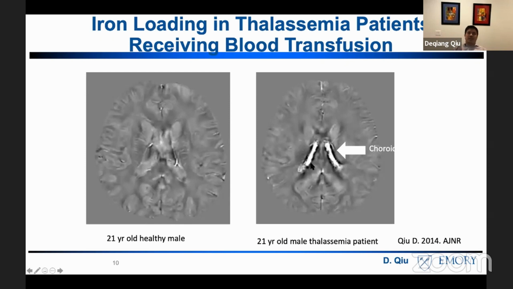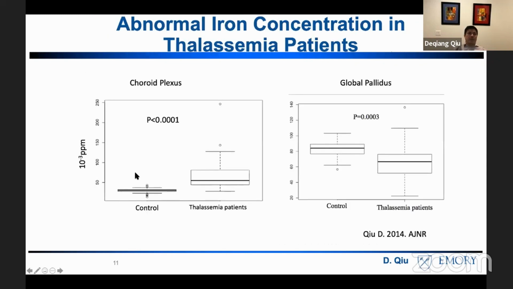If you compare the brain in the thalassemia patients to a normal control, you can see very high QSM values in the choroid plexus compared to normal control. If you do a quantitative comparison, you can see the choroid plexus has a much higher susceptibility value in thalassemia patients compared to control.